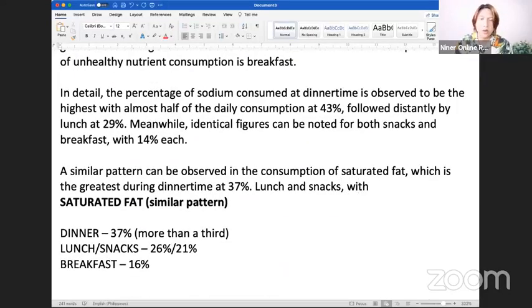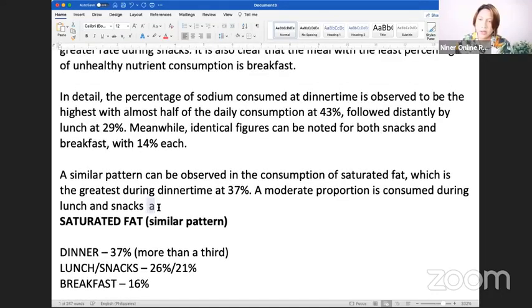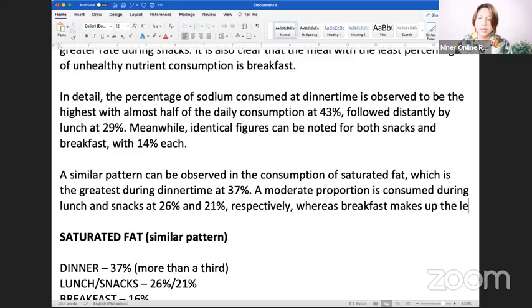A moderate proportion is consumed during lunch and snacks, at 26% and 21% respectively, whereas breakfast makes up the least at 16%.